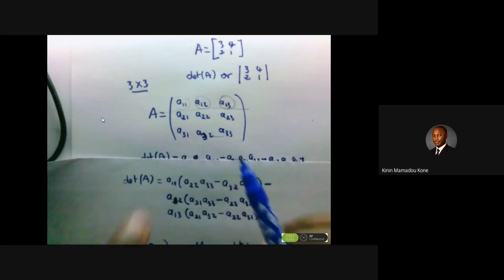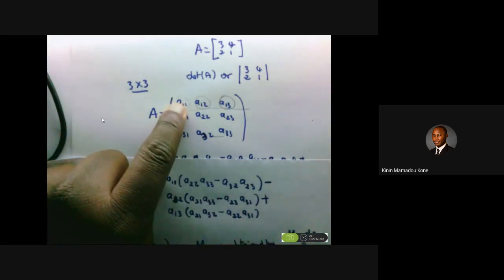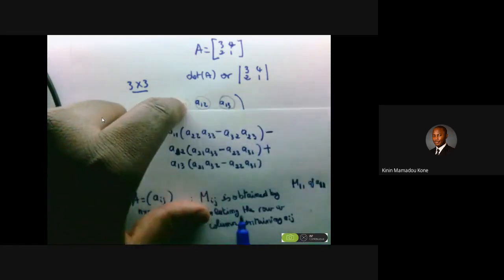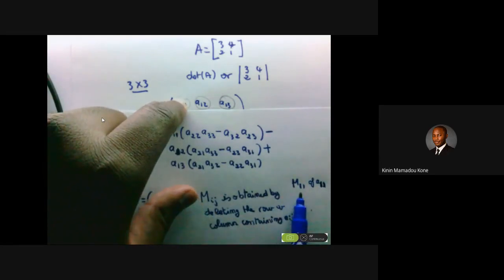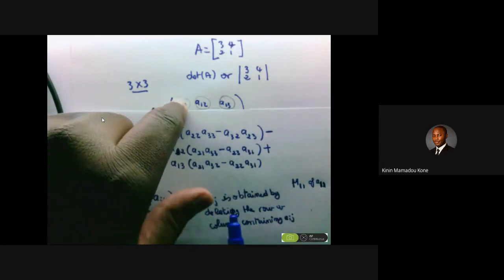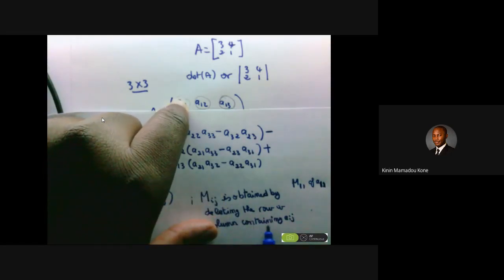A11 is this entry over here. I have to remove the row and the column containing A11.